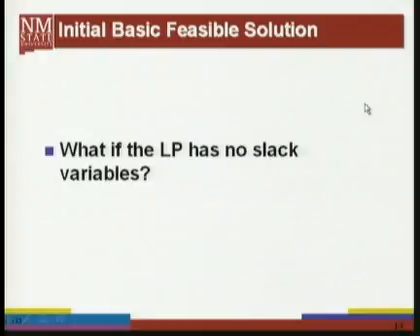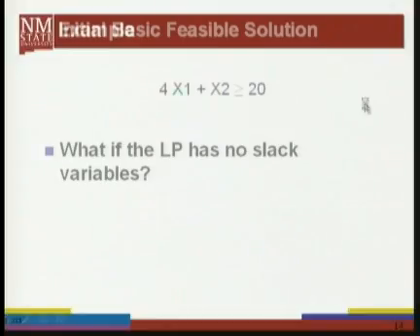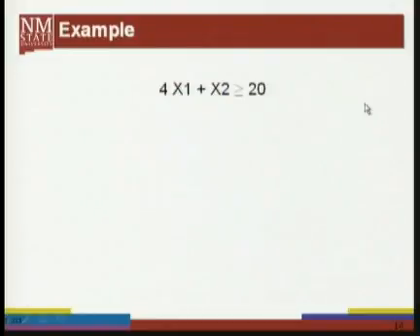Then how could you use the simplex method if the LP has no slack variable, which we can use for this purpose? Then let's consider an inequality constraint. It says 4x1 plus x2 is greater than or equal to 20, right?